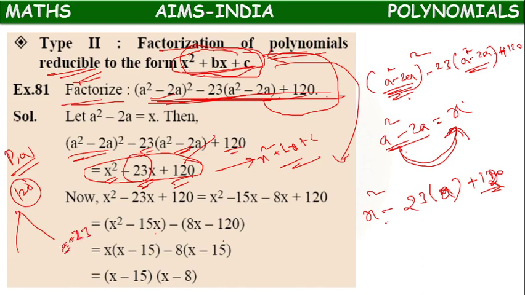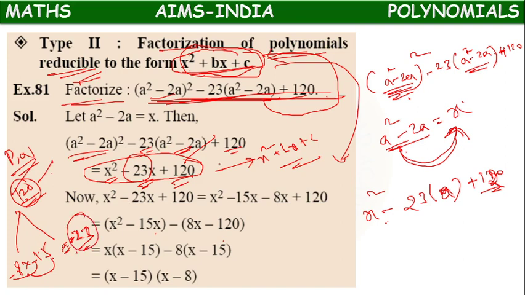What numbers can we take? 2 into 60, 3 into 40, 6 into 20, after 6, 8 into 15. But we need minus 23, so minus 8 and minus 15. Minus into minus gives plus 8 into 15, plus 120. Product is plus 120, and the sum is minus 23.